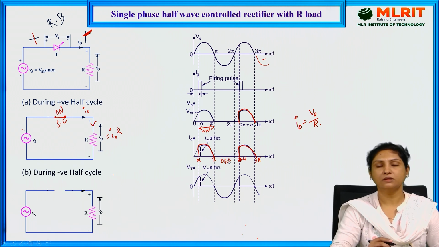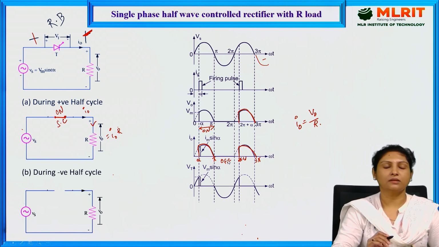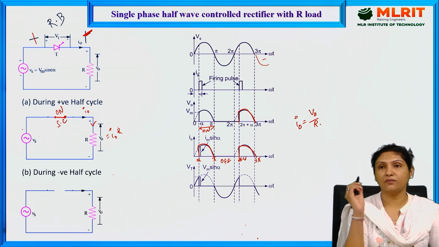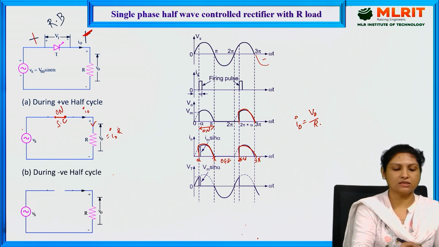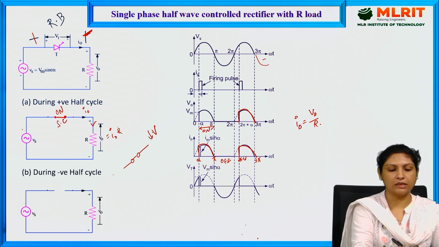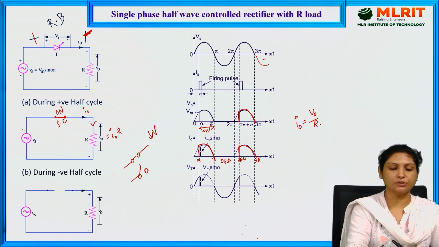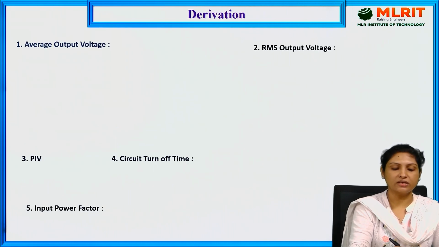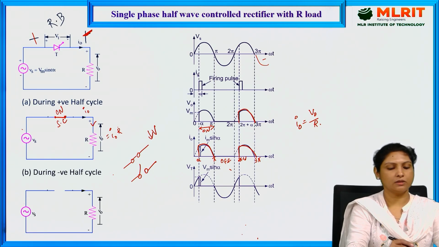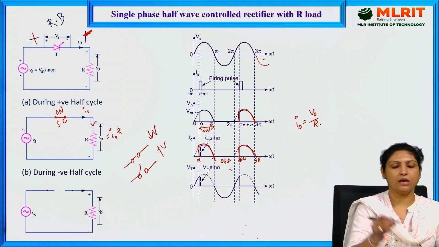Here is the thyristor voltage waveform, the voltage across the thyristor. We have already discussed in the initial stages that whenever a switch is short circuited, the voltage across the device will be low, and if the same device is open circuited, the voltage across the device will be high.